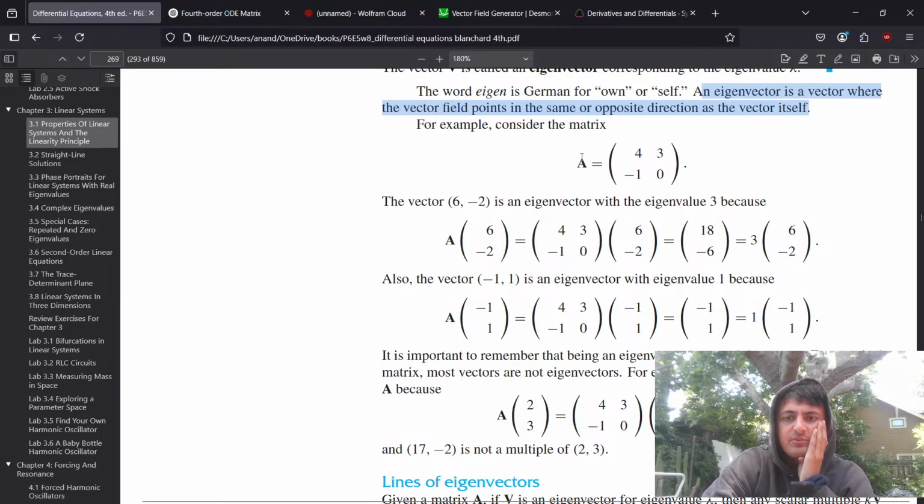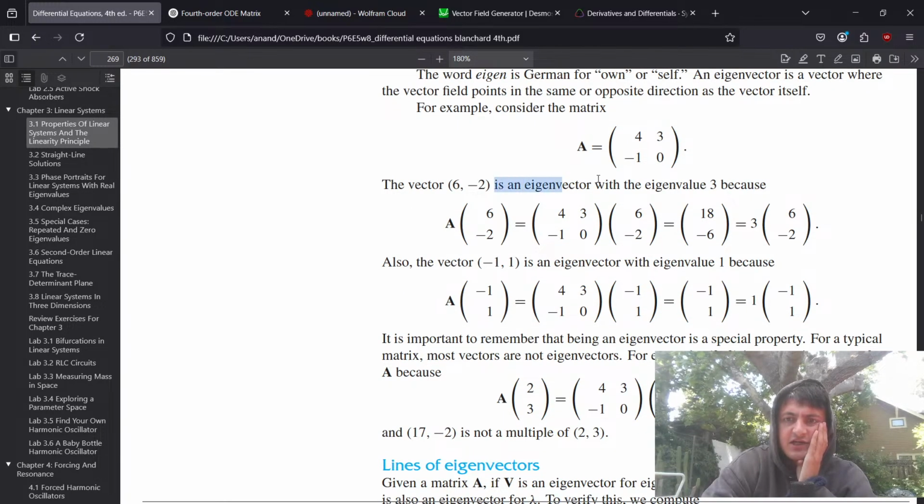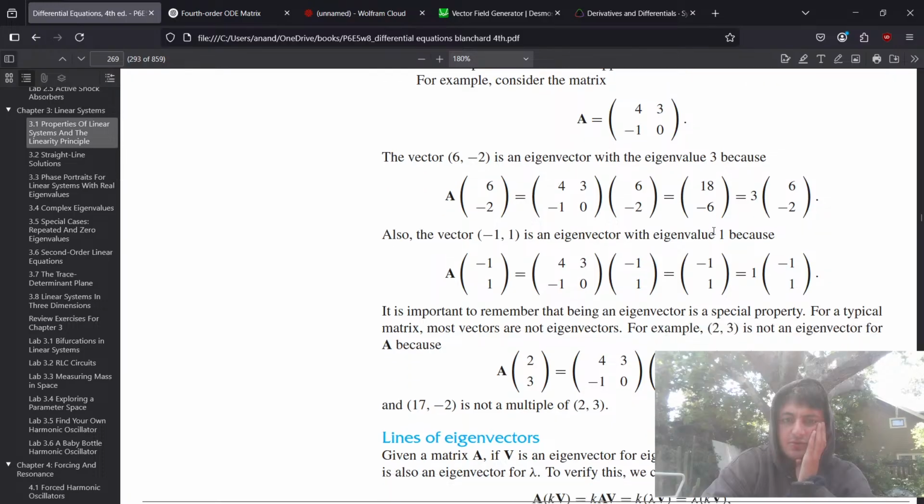Okay, so here's an example. The vector (6, minus 2) is an eigenvector with eigenvalue 3, because we multiply A times the eigenvector, and then we multiply 3 times v, and we find that they're equal.